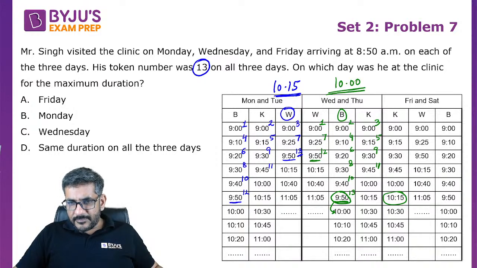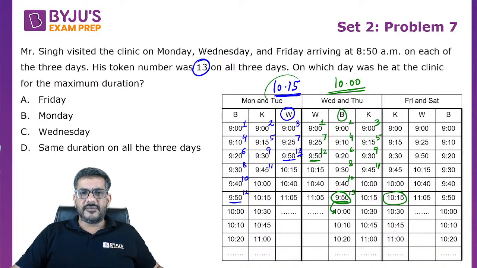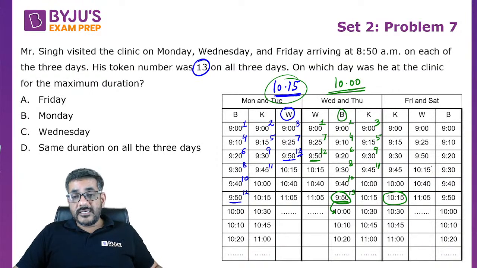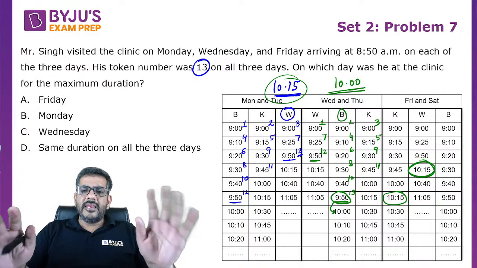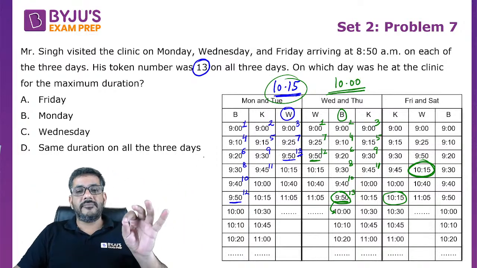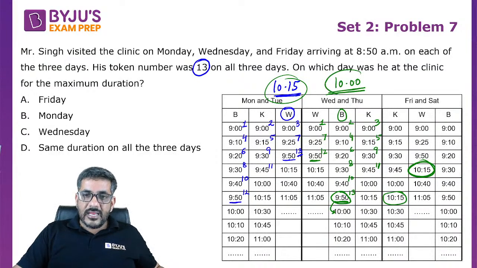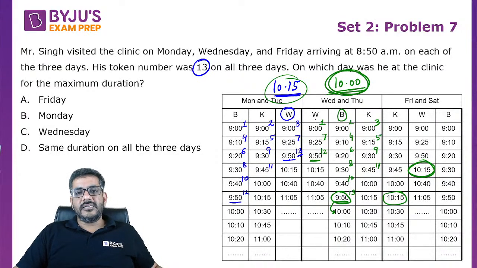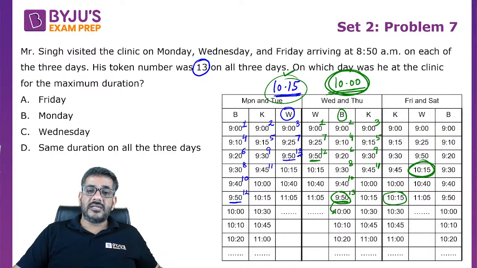And which other time did we have? This one, 10:50. So either he would be free at 10:15 or he would be free at 10:15 here as well. In any case, he is going to be free at 10:15 in such cases. So therefore, I am saying that the earliest time is this and the maximum possible time is this.